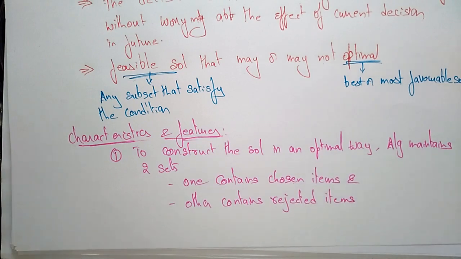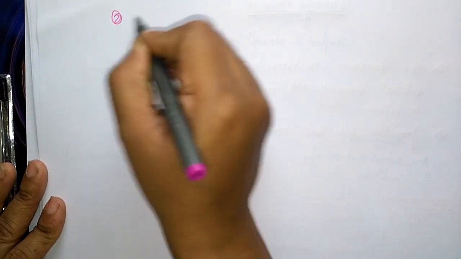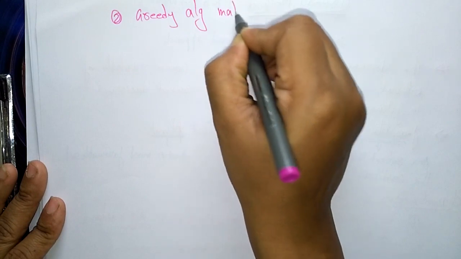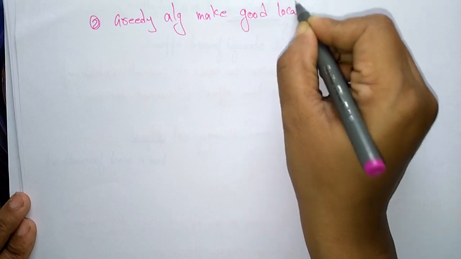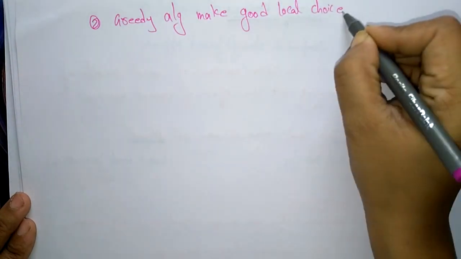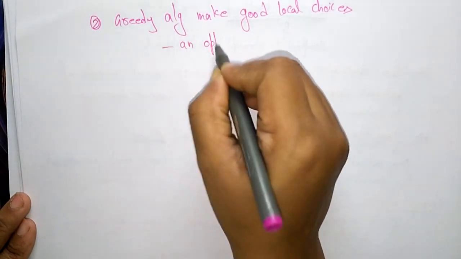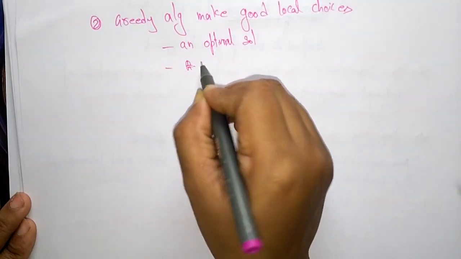And the second characteristic is that the greedy algorithm makes good local choices in the hope that they result in an optimal solution or a feasible solution.